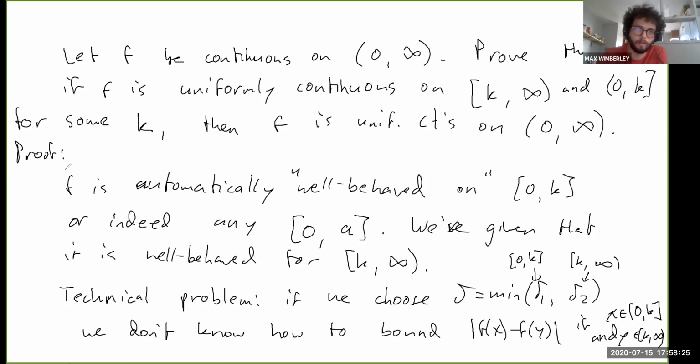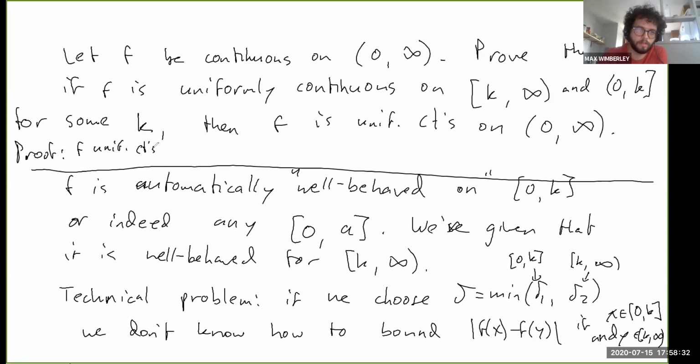This is separate from everything we just did. f uniformly continuous on 0 to k means there exists a continuous extension f tilde to 0 to infinity.